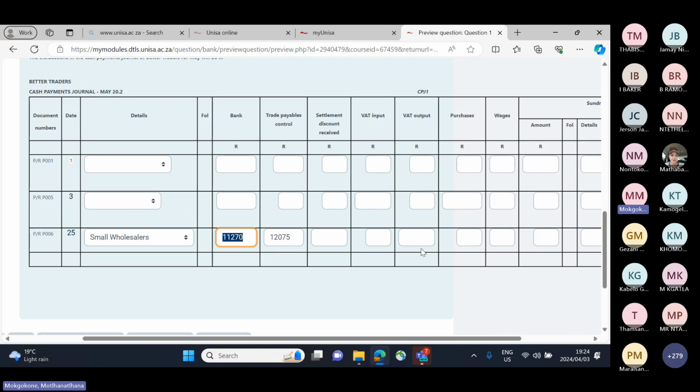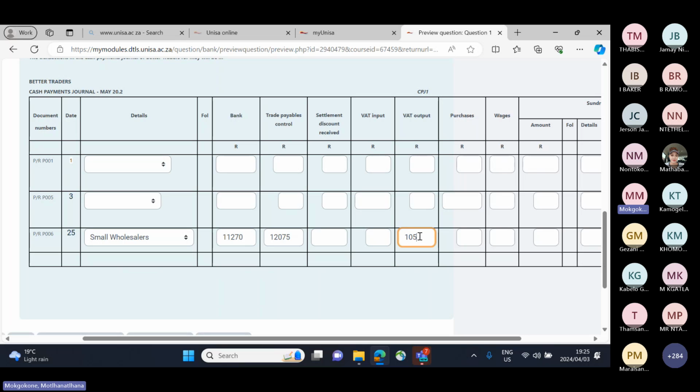We reverse because we claimed VAT input on the original. When the transaction happened, we claimed VAT input on the full amount of 12,075. Because we paid the actual amount of 11,270 to our creditor, small wholesalers, now we must reverse the VAT input by 105.